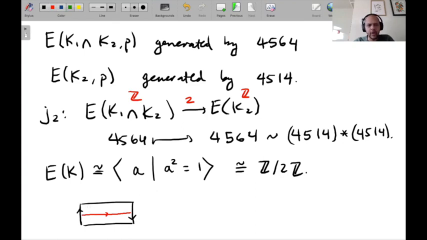And this homomorphism is induced by the inclusion of the boundary. So the boundary is this green loop. This is one loop. And the thing that you observe, which maybe you've already observed at some point, is that the homotopy class of the boundary is twice the generator of the fundamental group. If you homotope this green loop into the center, you go twice around. And so that's why the generator here maps to twice the generator here.